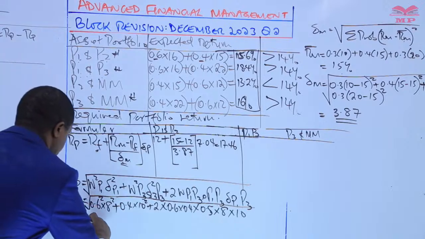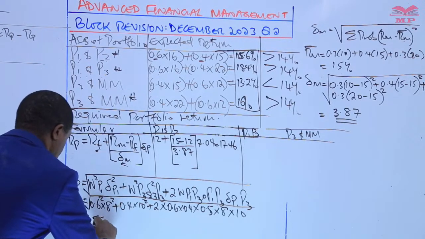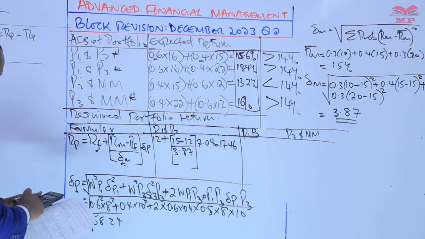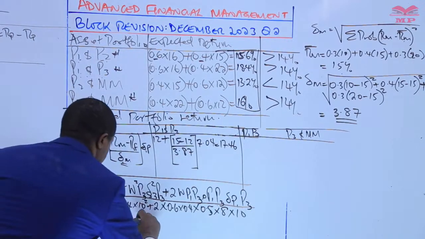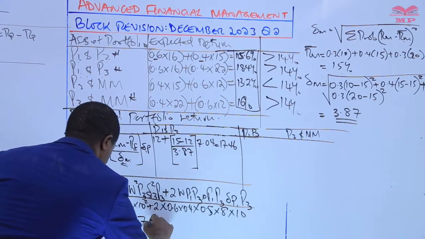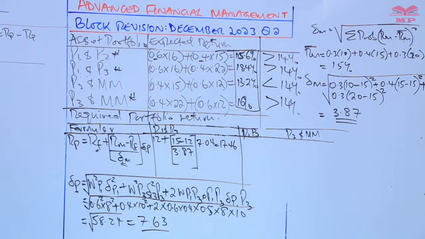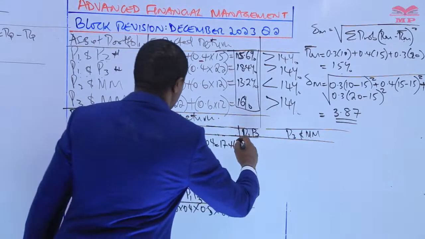That is equal to 58.24. Get the square root: 7.63. That is the standard deviation. So you can now come here and work it out.